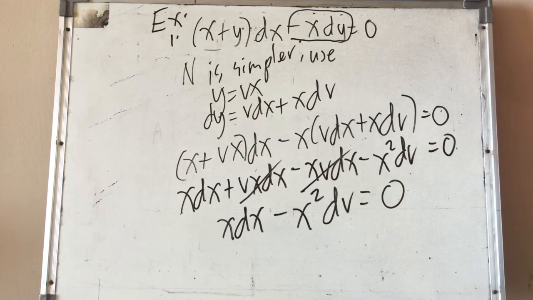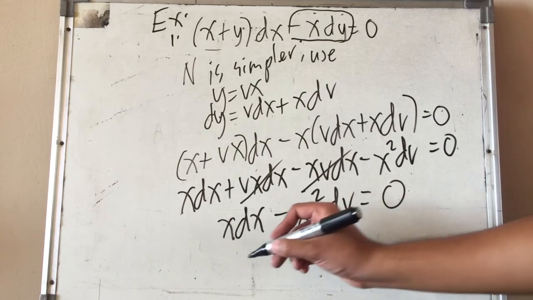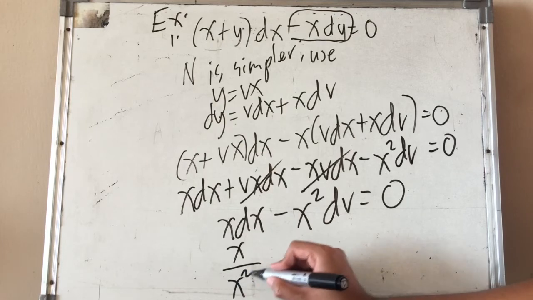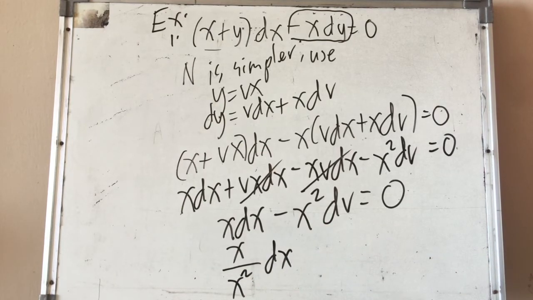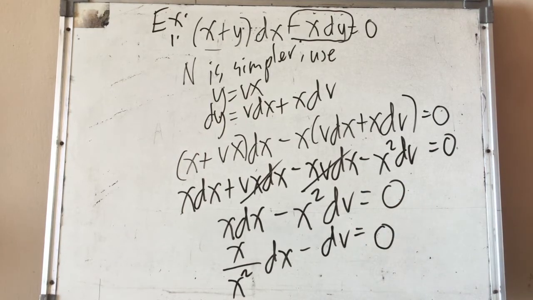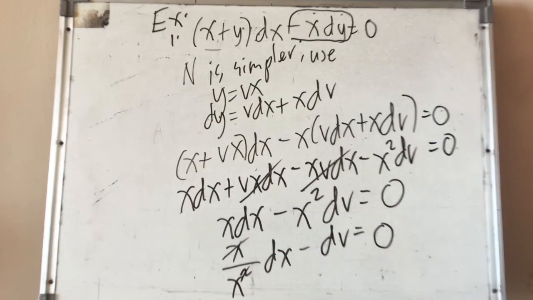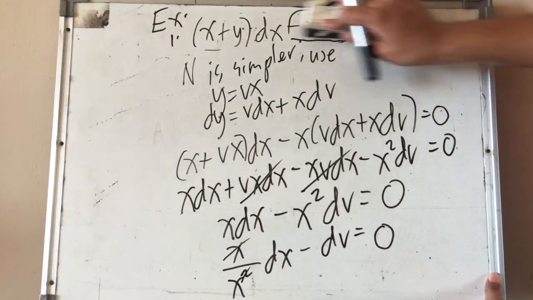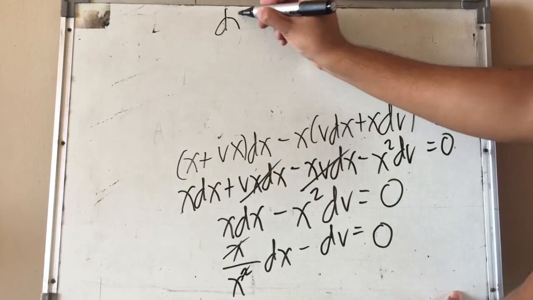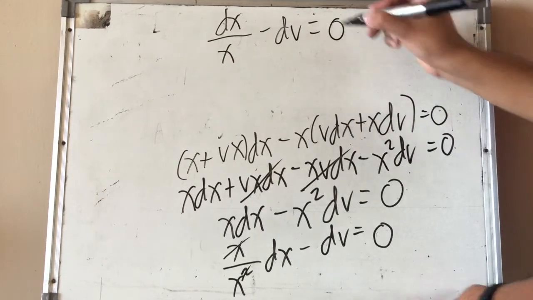Then after that, we can now do variable separable. So separating the variables, x over x squared dx minus dv is equal to 0. Cancel x, so this is equal to dx over x minus dv is equal to 0.